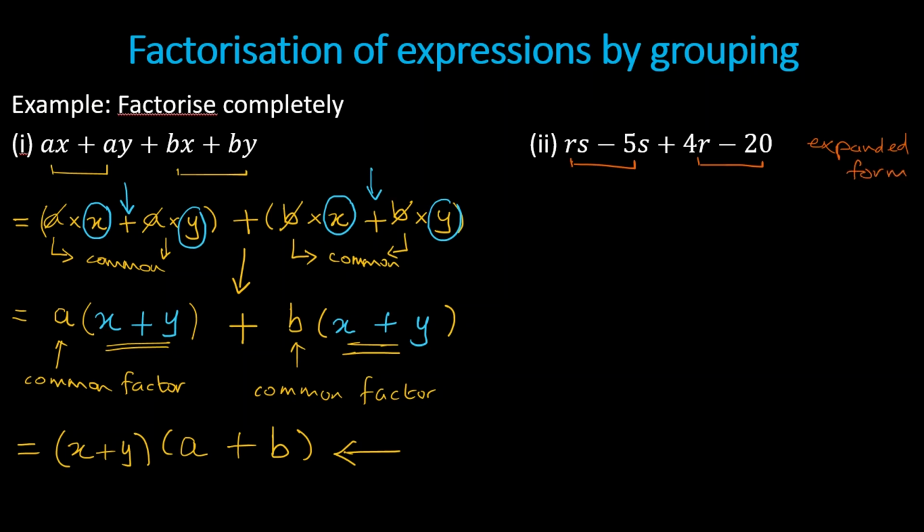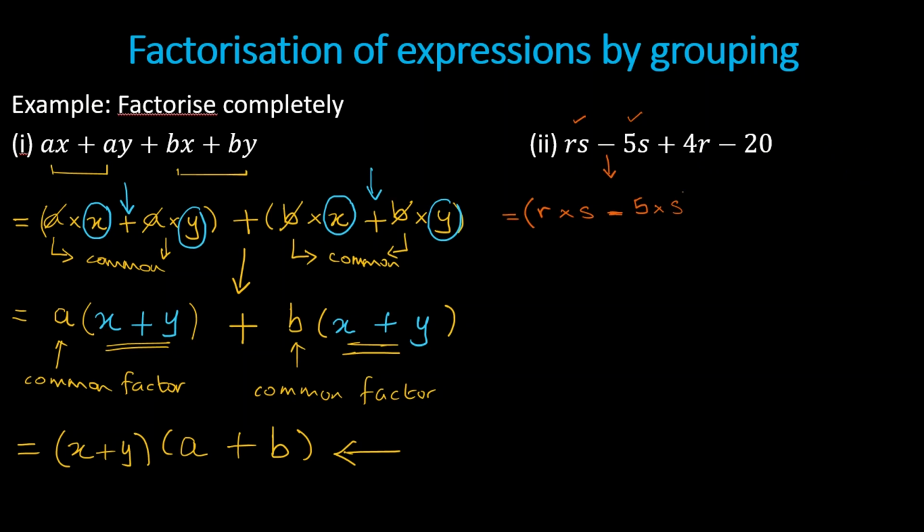So let us do it. We write down in expanded form. The first term is rs. rs is simply r times s. You have minus, you insert your minus. Then we have 5s, simply 5 times s.